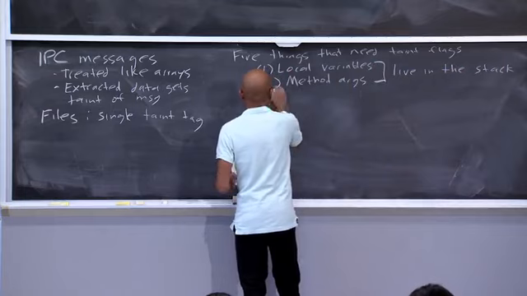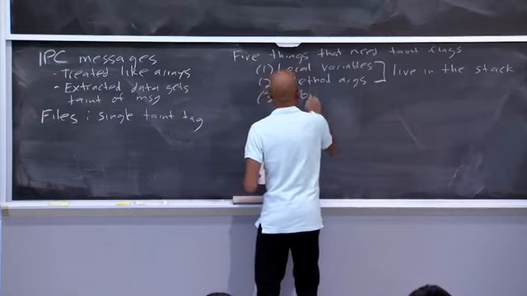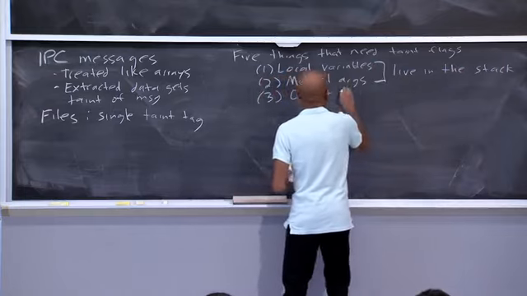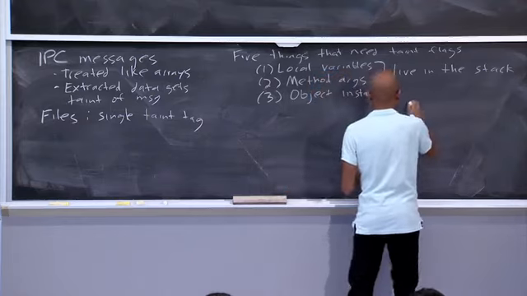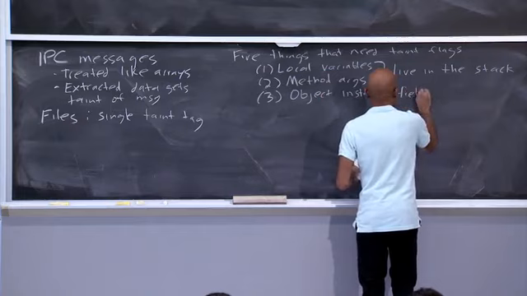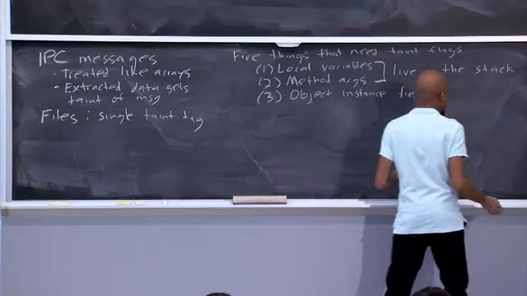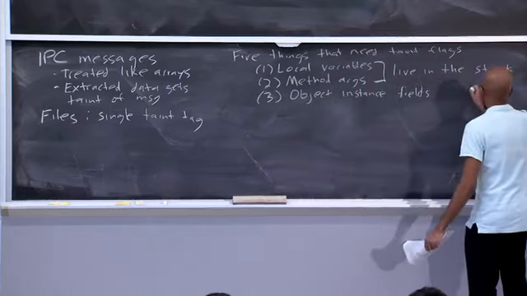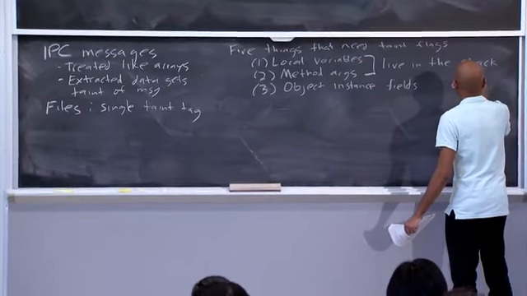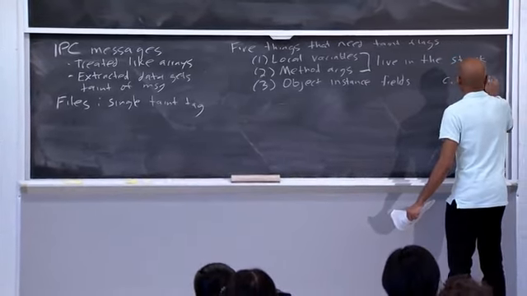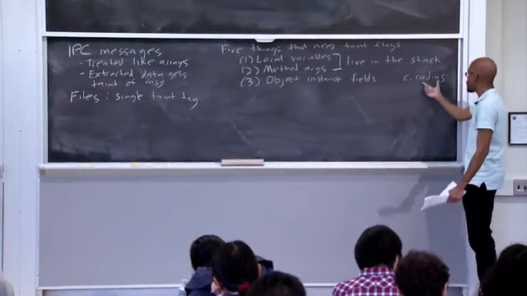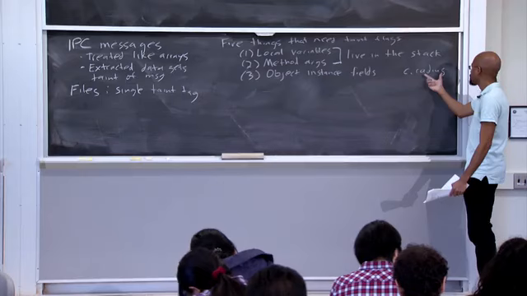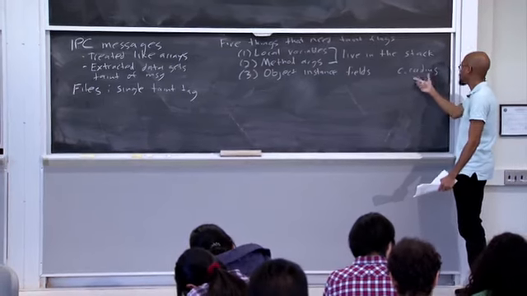Also, we need to assign flags to object instance fields. Imagine that I have some object called c. It's a circle, so of course the popular thing to do is to look at its radius. So here's a field here, and we have to associate taint information with each one of these fields.